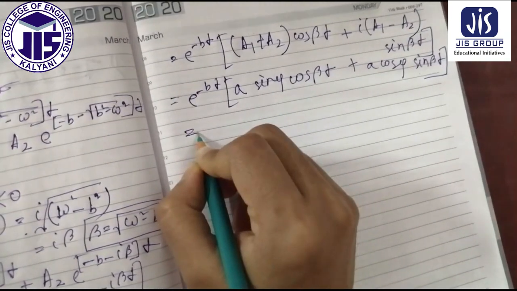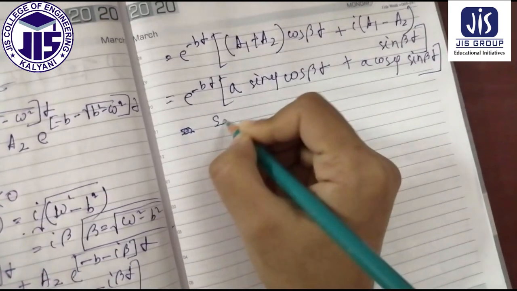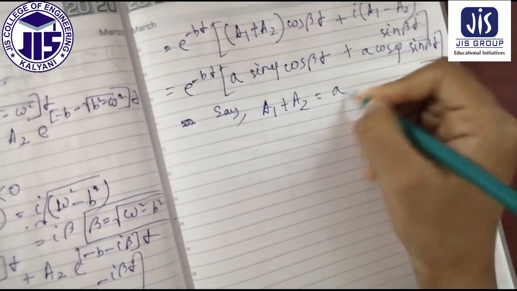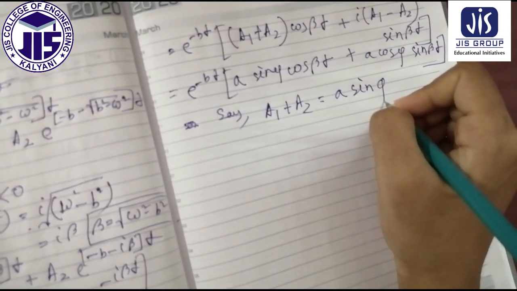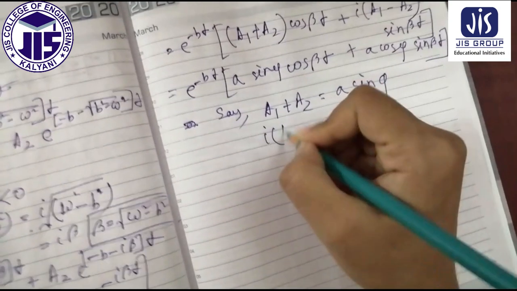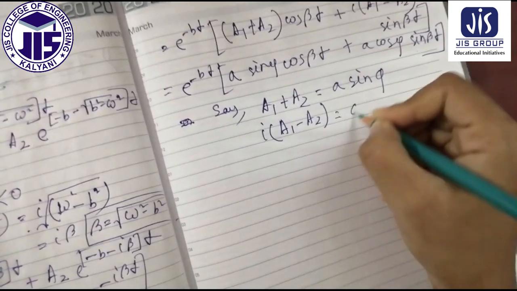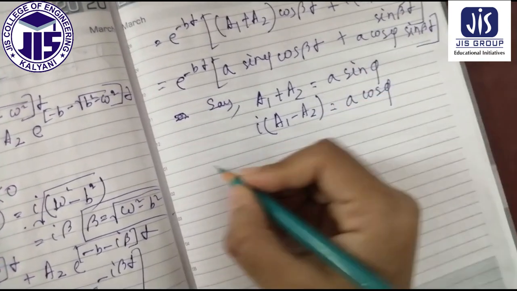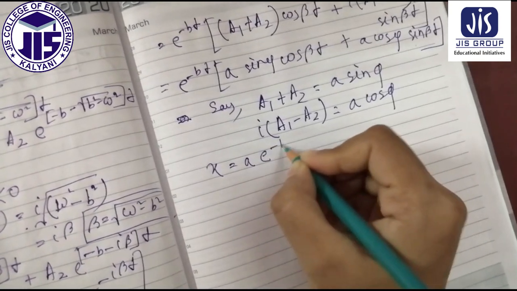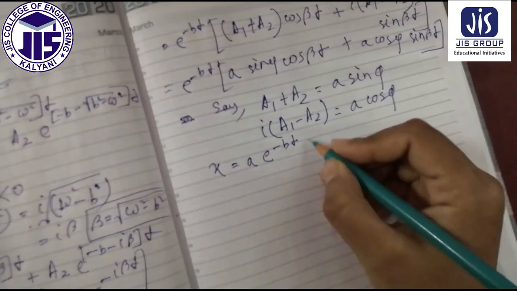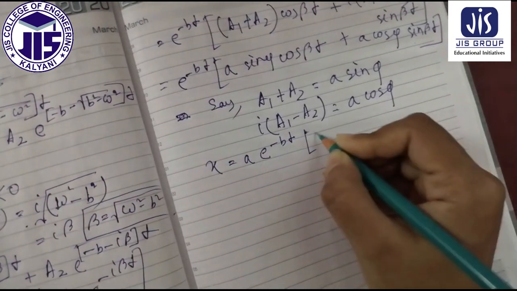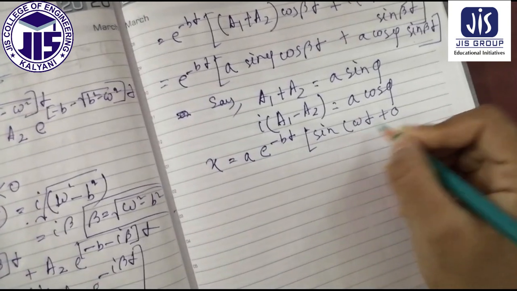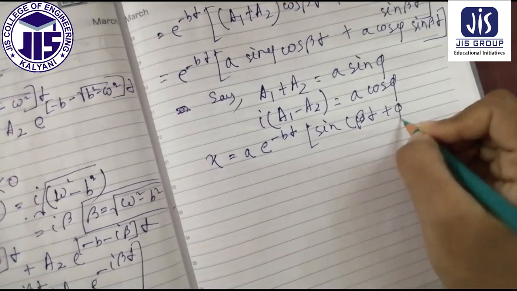Finally, if we consider, say, a1 plus a2 is equal to a sin phi, similarly i into (a1 minus a2) equal to a cos phi, and put these two over here, then finally x equal to a e to the power minus bt into sin of beta t plus phi, that will be actually beta t plus phi.